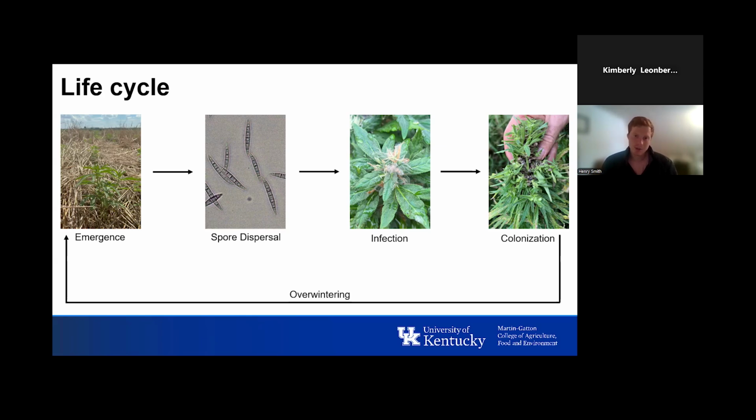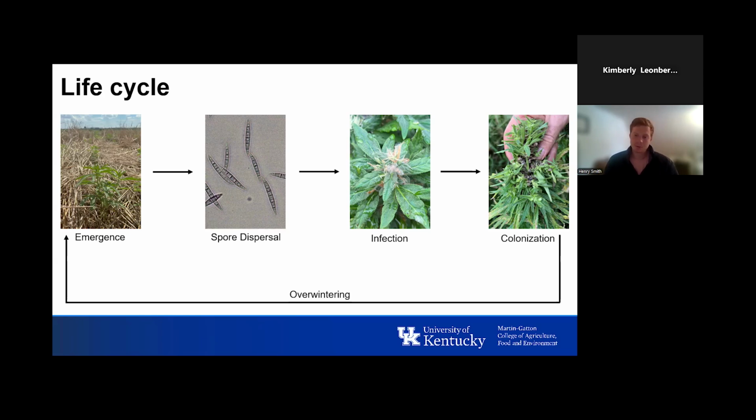And you can see there's some fungal growth growing on those senescent styles. This is where the fungus really starts. It infects, and then it'll grow down into the interior parts of the bud, and you will see some disease, as you can see on the image on the far right, as the fungus continues to colonize.